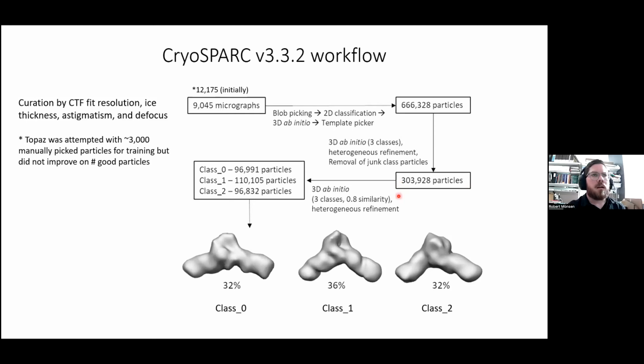From there, I did a 3D ab initio using this particle stack, 3 classes, and empirically found that 3 classes and 0.8 similarity gave the best results. There were 3 classes distinct in their bend angle and lengths. Class 1 was the most readily interpretable. As you can see, there are right-handed B-form duplex looking grooves on either side of this thicker central density. For modeling purposes going forward, this is the one class that I'm going to stick with.